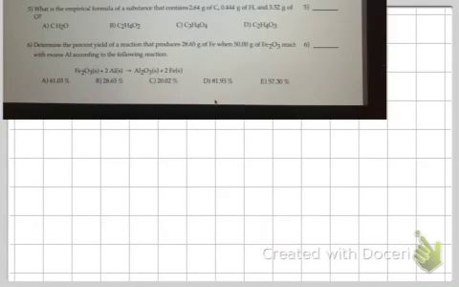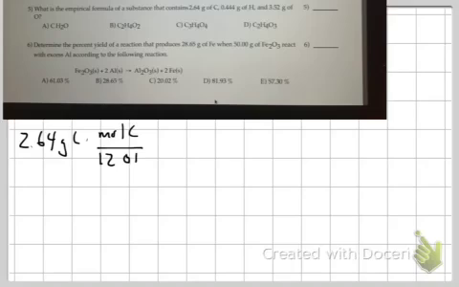So the empirical formula, this is going to be a tough one. The way you figure this one out: 2.64 grams of carbon, times mole carbon divided by 12.01, or 12. And let me see here. It's not so easy on my screen.